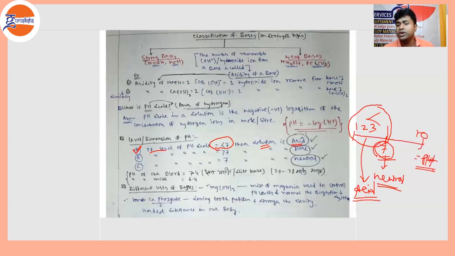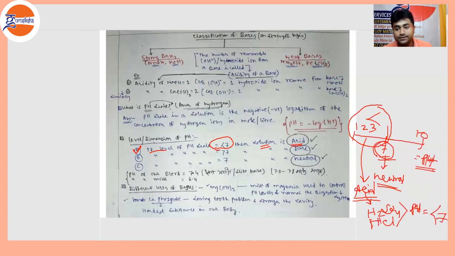Now you can understand that all kinds of acid, like sulfuric acid or hydrochloric acid, definitely have a pH level less than 7.